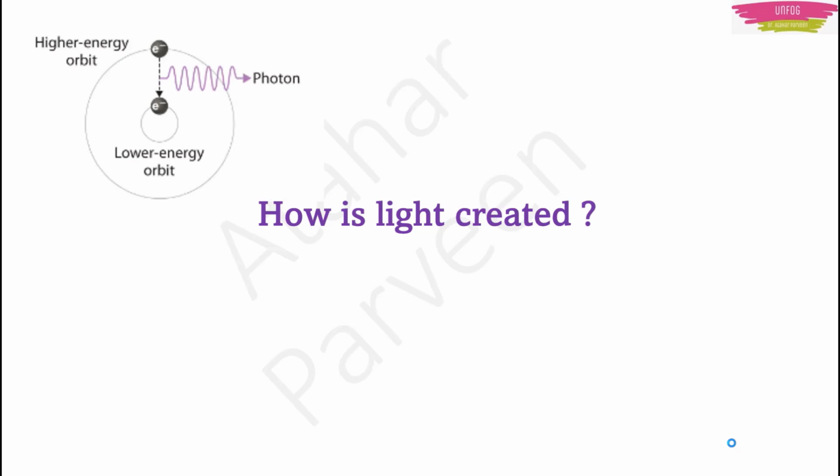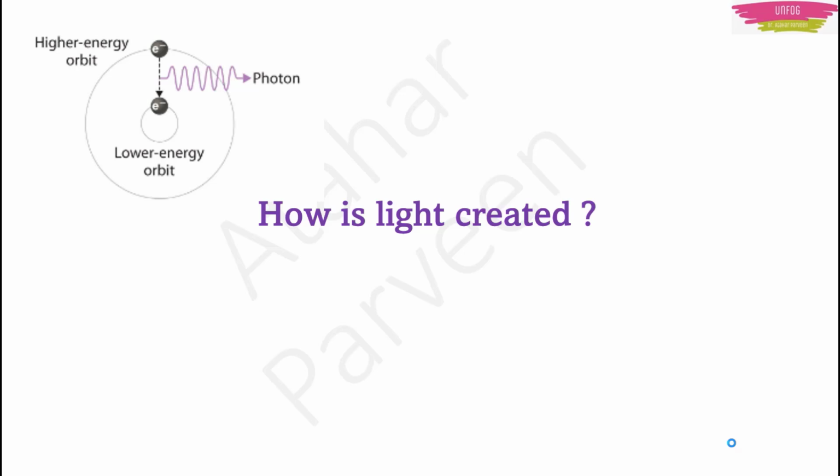From one energy state to another they jump and they emit light. This light we call a photon. Why does this happen? This happens because of conservation of energy. The atom's energy will not be increased just because the electrons are jumping. To maintain that energy, it will give out the photon. Now what is this photon? In simple terms, it is a packet of light, or you can simply say it is a single wave of light.